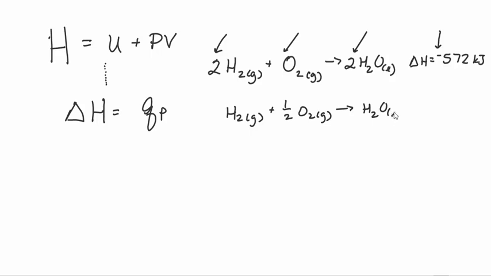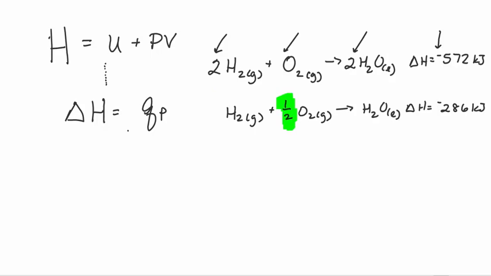Then the value of our delta H would also be cut in half. So this is an extensive property. Now notice when we're talking about energy, using a half for a coefficient is okay. It's not ideal, but it is okay.